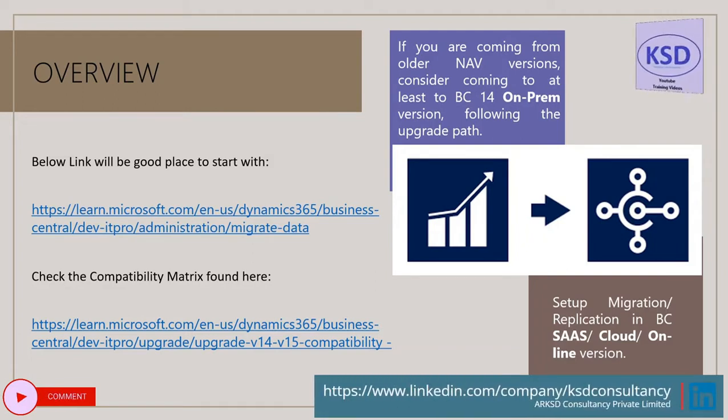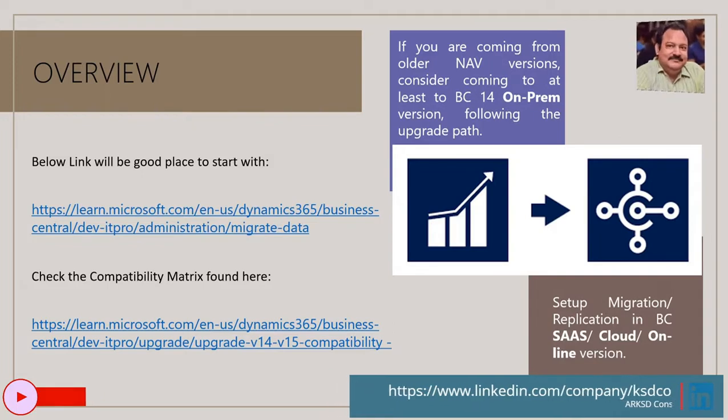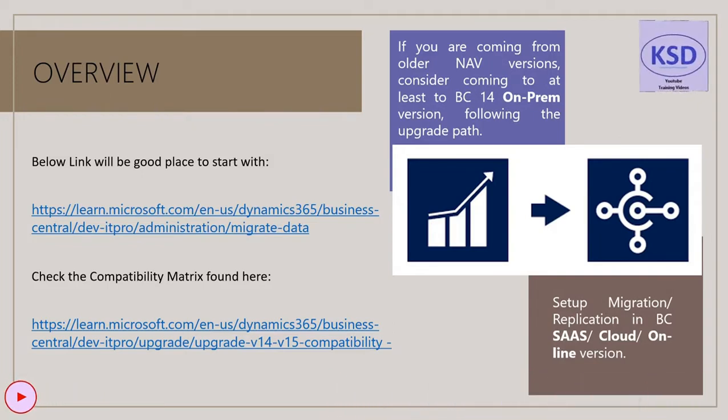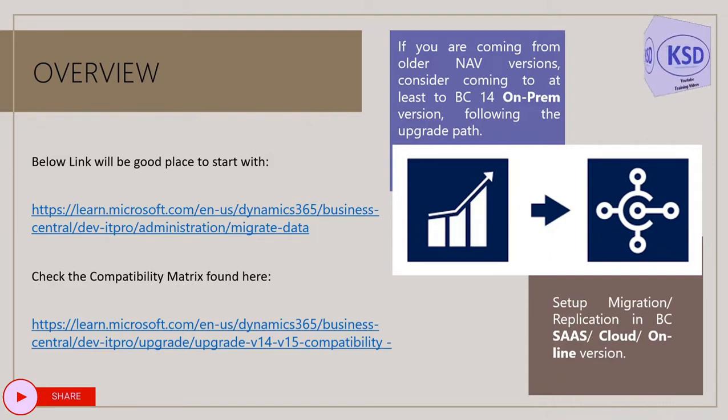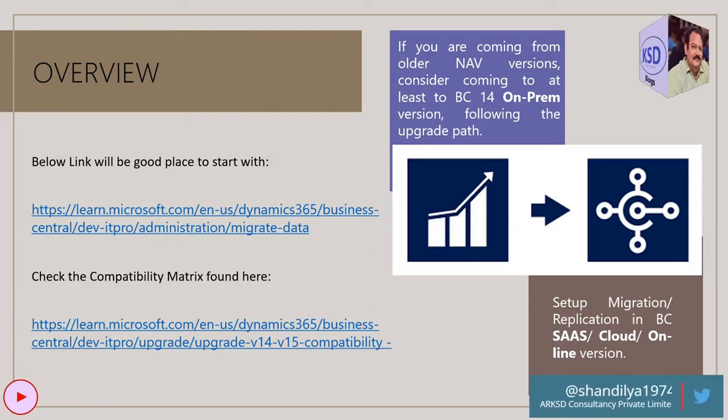According to this compatibility list, from BC-14 we can directly go to SaaS on cloud BC-21. And the other link is the process for how you will set up and follow this migration to get your work done.